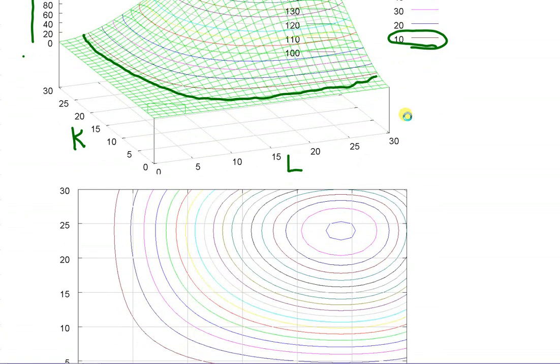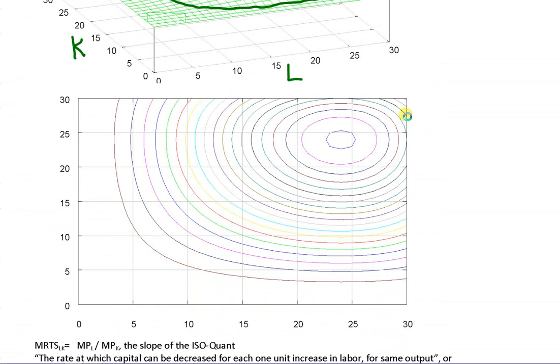And when we turn it up to where we have an overhead view, it's a little easier to pick out exactly what all those X and Y points are. So I'll just draw a line on top of that brown one to highlight it there. And so we get to see a lot of different combinations. For example, approximately 10, and we're going to be putting labor on the x-axis and capital on the y-axis, 10 labor and 5 capital will give you 10 units of output.